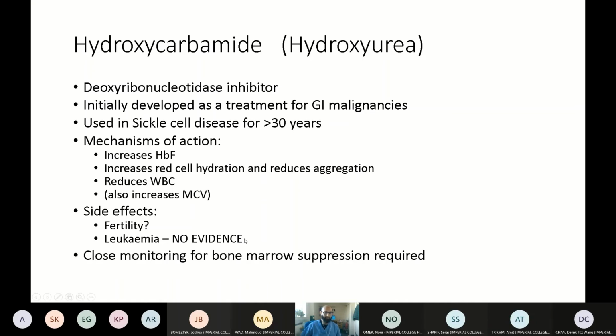Side effects, and these are the things which lead to patients declining hydroxycarbamide, include concerns about its effects on fertility. Studies have shown that in females there's no significant effect on fertility caused by hydroxycarbamide. In males the situation is a bit less clear.